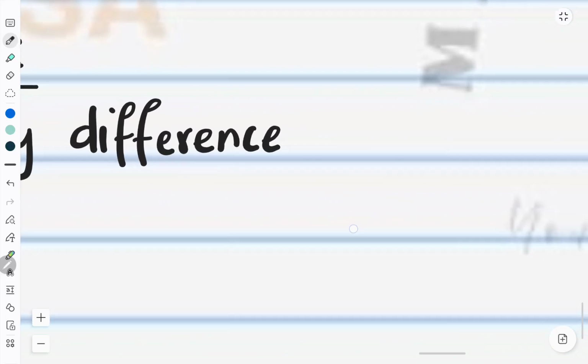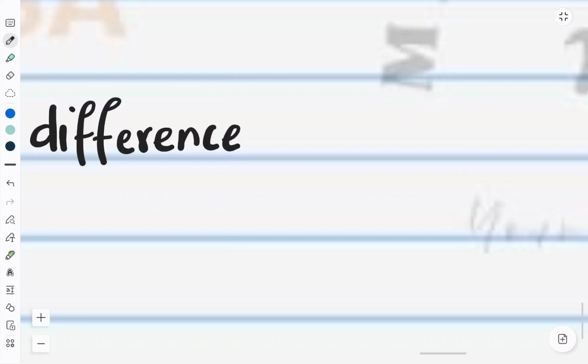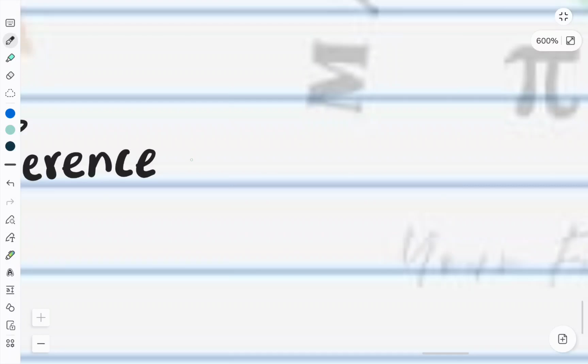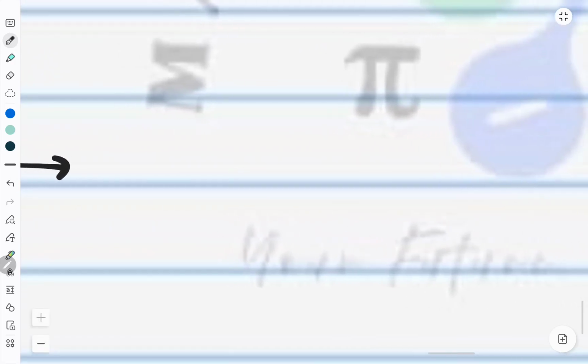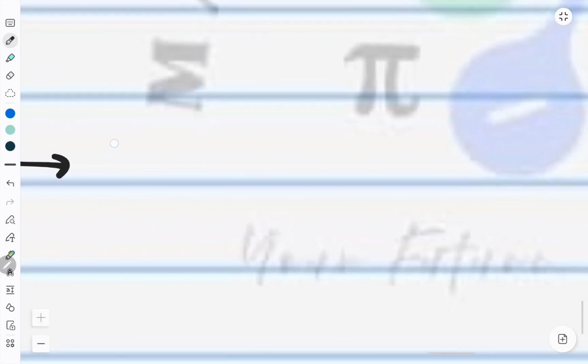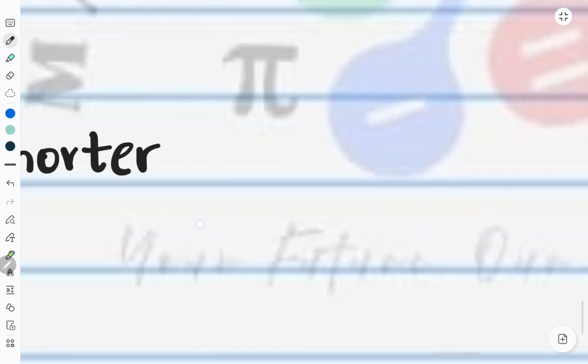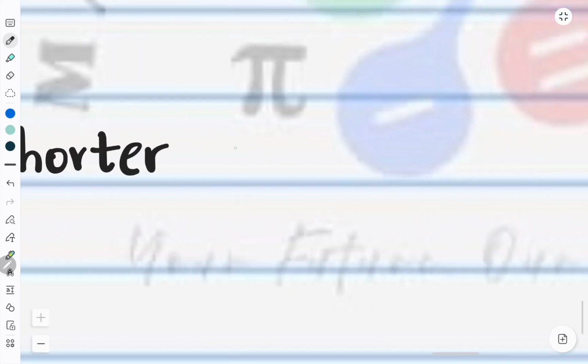It means those two atoms will move so close together, making the bond length shorter. Those two atoms will move so close together, making the bond shorter. I'll write the other one in brackets. Shorter bond length.